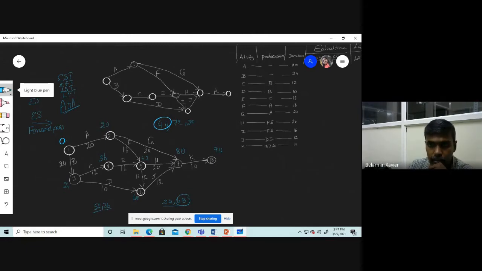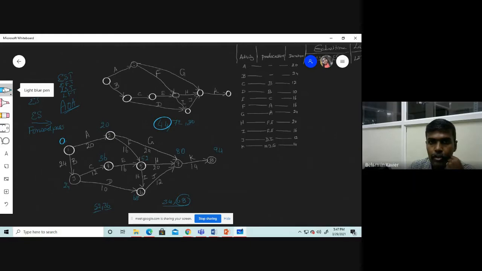Next our calculation is the latest occurrence time. How late my activity can occur. So we have to calculate from the end to the start. Okay.